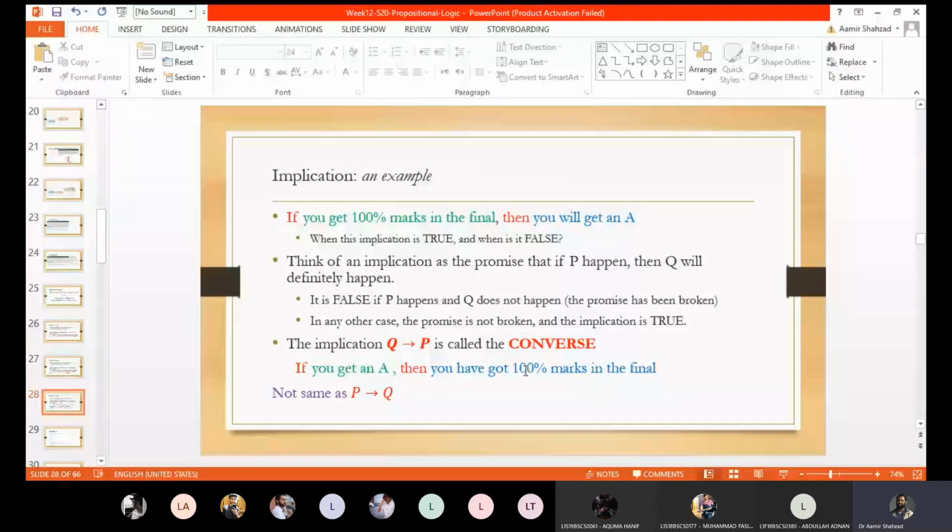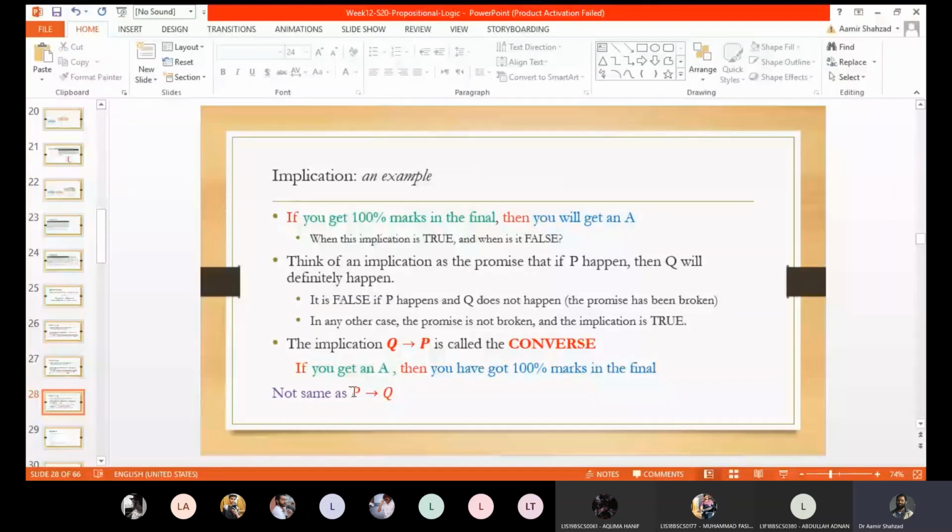But above, it says that if you get 100% marks, then you must get an A. So the statement above and the statement below are not the same. So P implies Q is not the same as Q implies P.